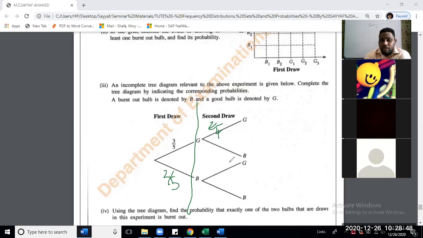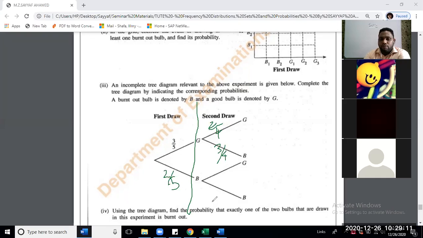In the second row only a good one has gone out, so there's no change in the burnt out bulbs. It has to be 3 out of 4, not 5, because one has already been taken out.